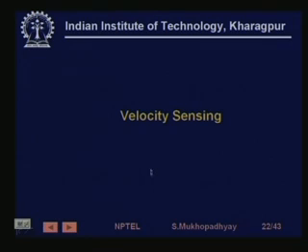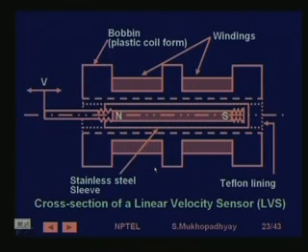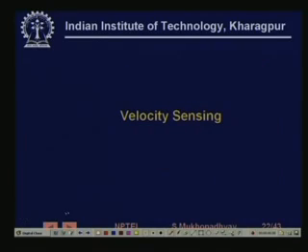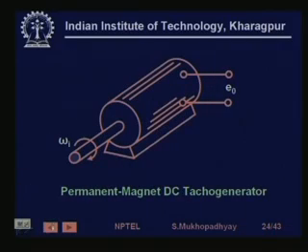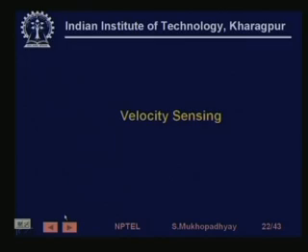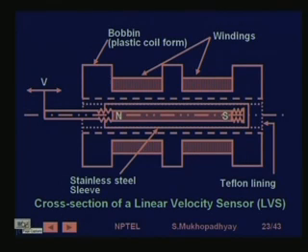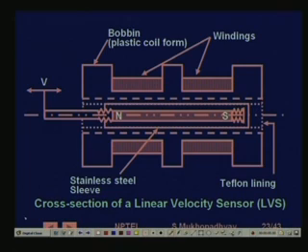So now we come to velocity sensing. This is what I was saying, that this is a linear velocity sensor. Again, it's much like the LVDT, except for the fact that now there are two coils.